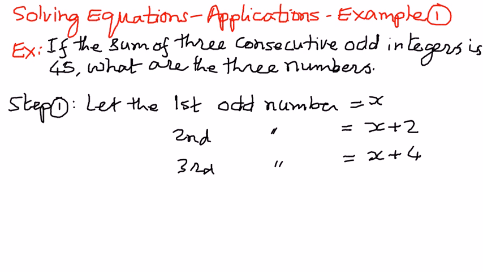If x equals 1, then 1 is an odd number. 1 plus 2 is 3, that is an odd number. 1 plus 4 equals 5, that is an odd number.